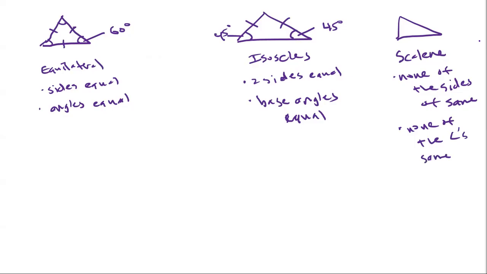So I would mark it like this, indicating that there are three different sides, and then I would mark the angles as one angle, two angles, three angles, indicating that there are three different angles. Anyway, so we have three types of triangles.